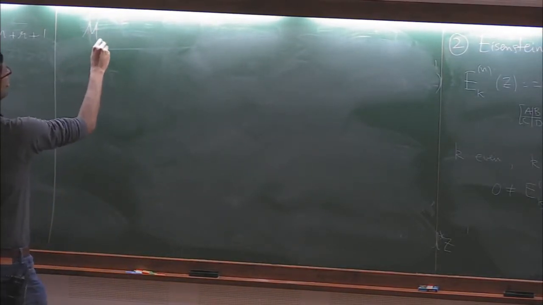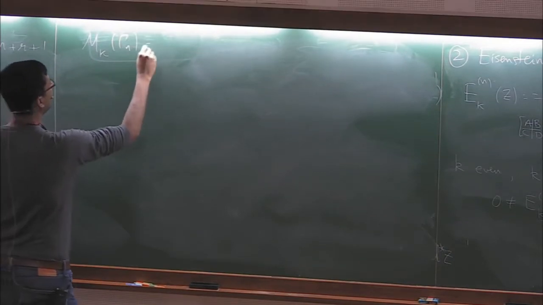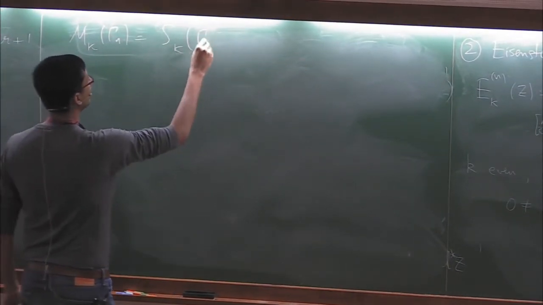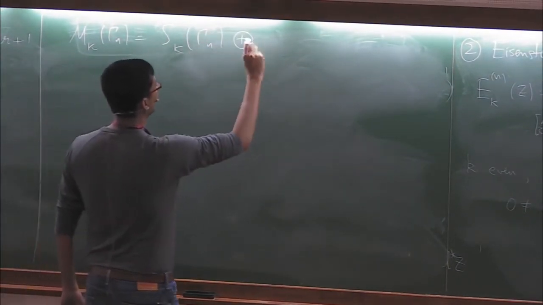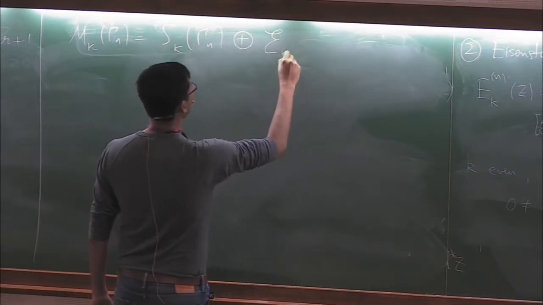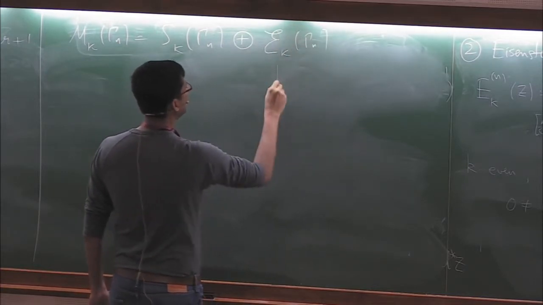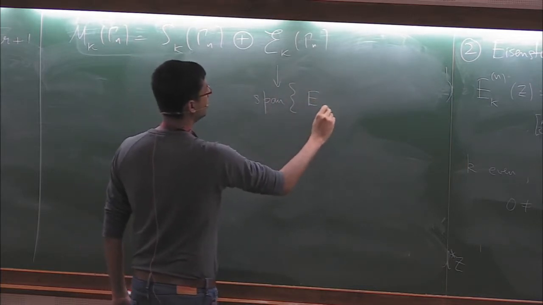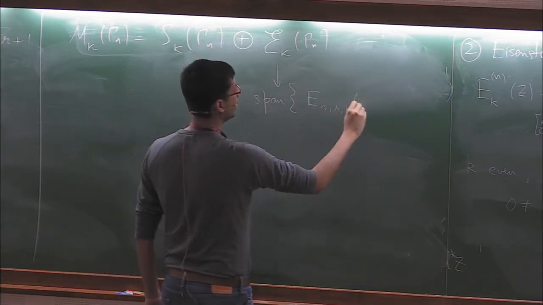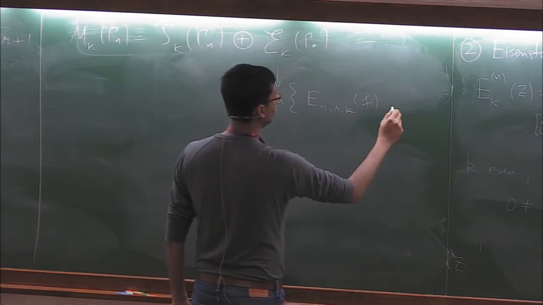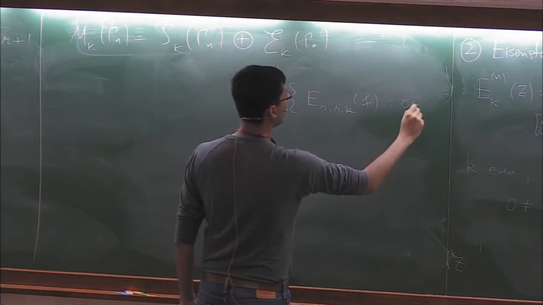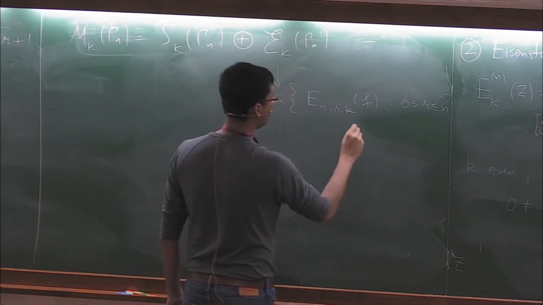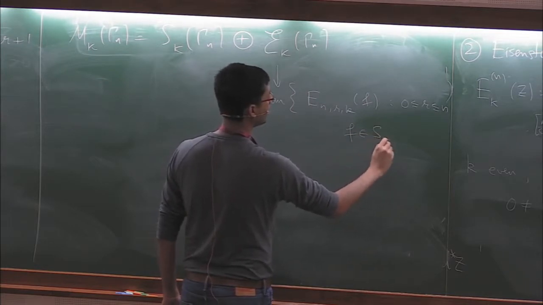M k of gamma n is S k of gamma n plus E k of gamma n, and this thing is the span of E n r k of f, where you are running over all r and all f in S k of gamma r.